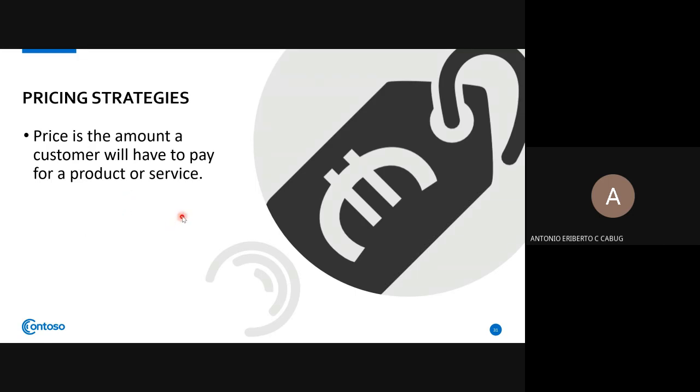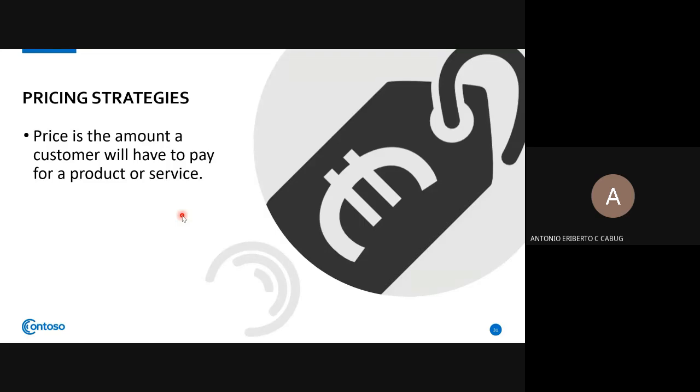That's what we mean by price. So, a company who is selling products, whether it's a good or a service, will have to charge their customers a price in order to generate revenues. But the question is, how is the price being set?